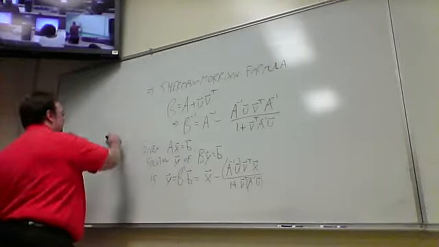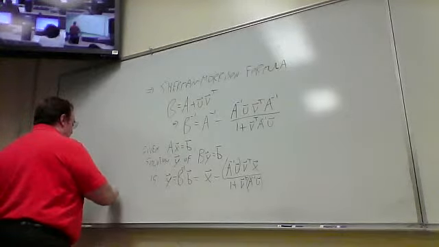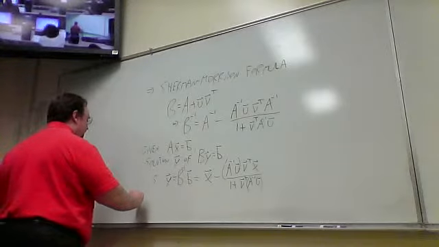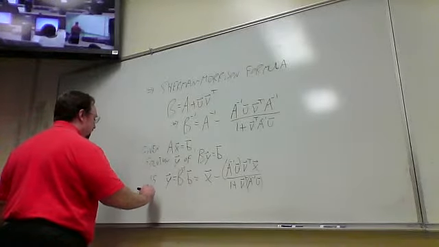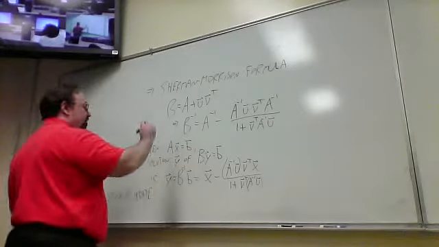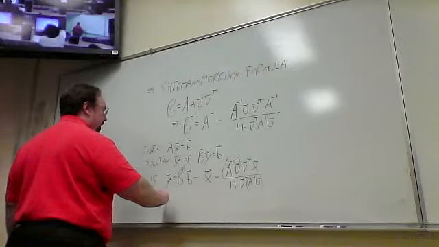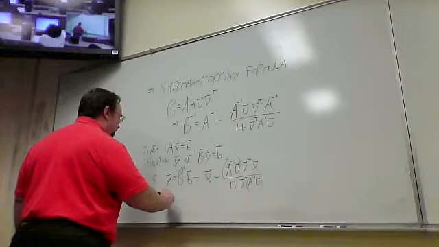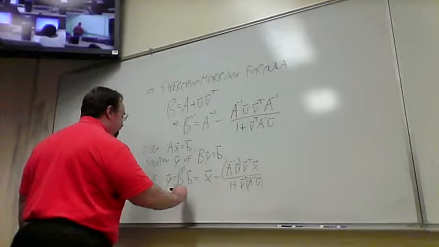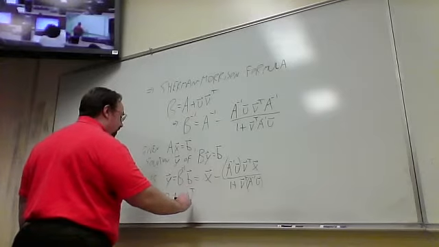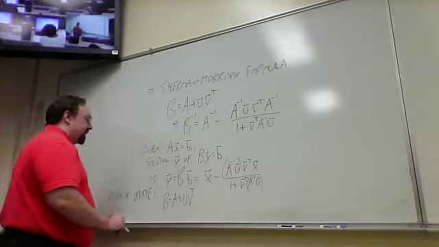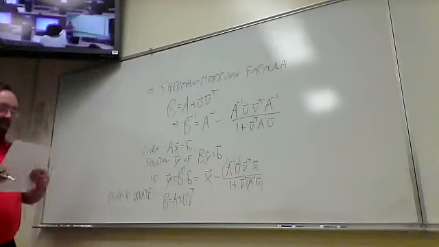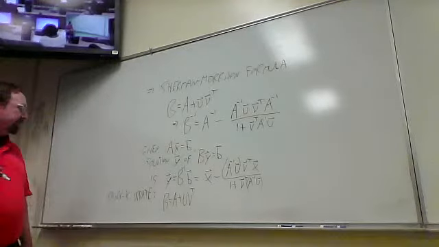Now, that is the case where B is a rank 1 update of A. On the other hand, a rank K update is the Sherman-Morrison-Woodbury formula. So B is equal to A plus U V transpose, where U and V are matrices that have K columns.